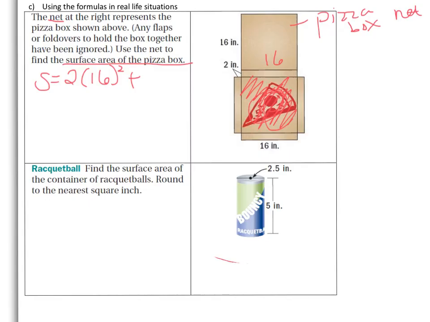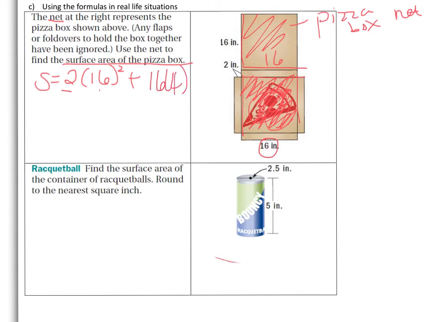So here we have the net of a pizza box, which is just a rectangular prism. So we know that the base is a square, so 16 by 16. Okay, so we got 2 of these. So 2 times 16 squared plus the perimeter of the base, which is 16 plus 16 plus 16 plus 16, so times 4.